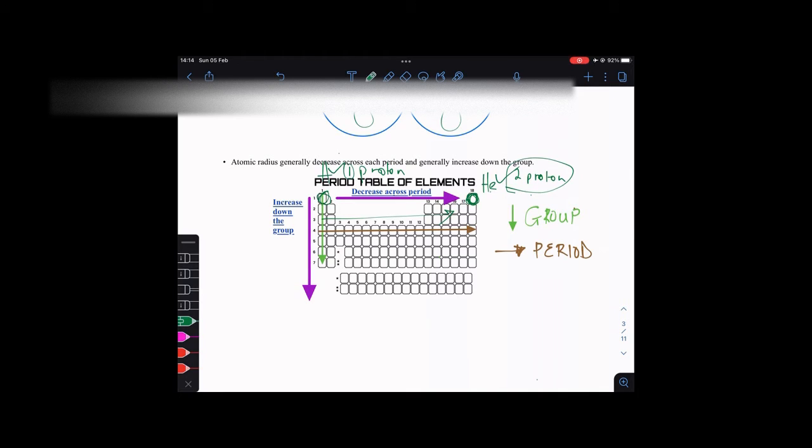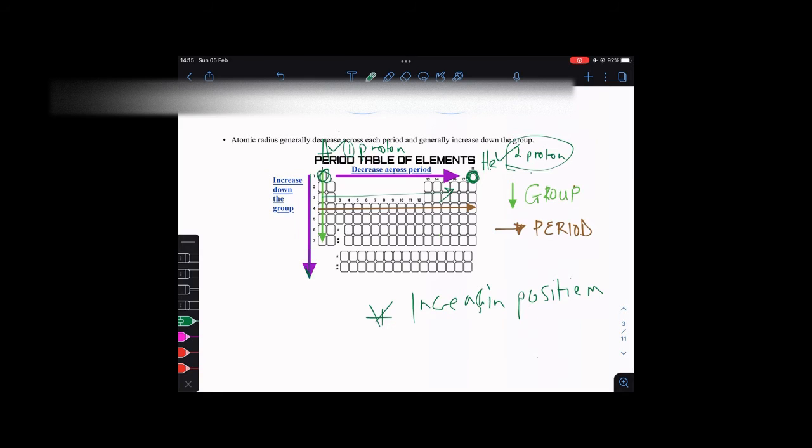So the decrease across the period is due to increasing positive nuclear charge, which pulls the electrons closer, making the atomic radius smaller.